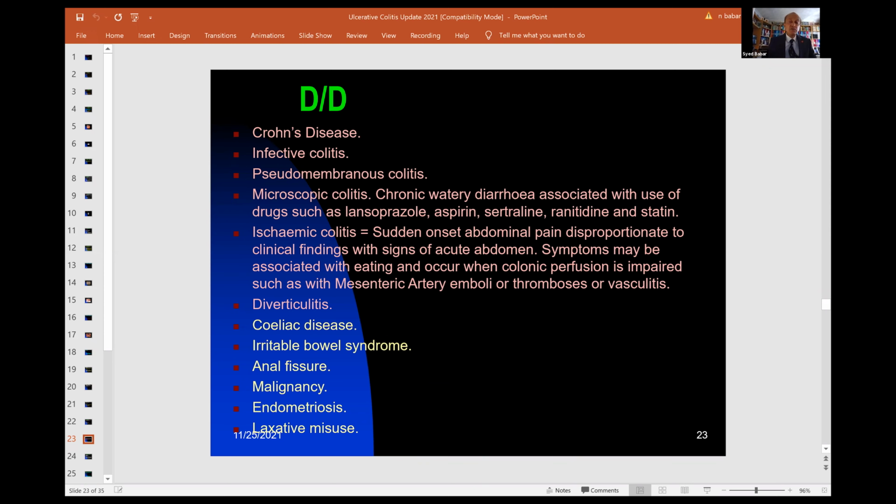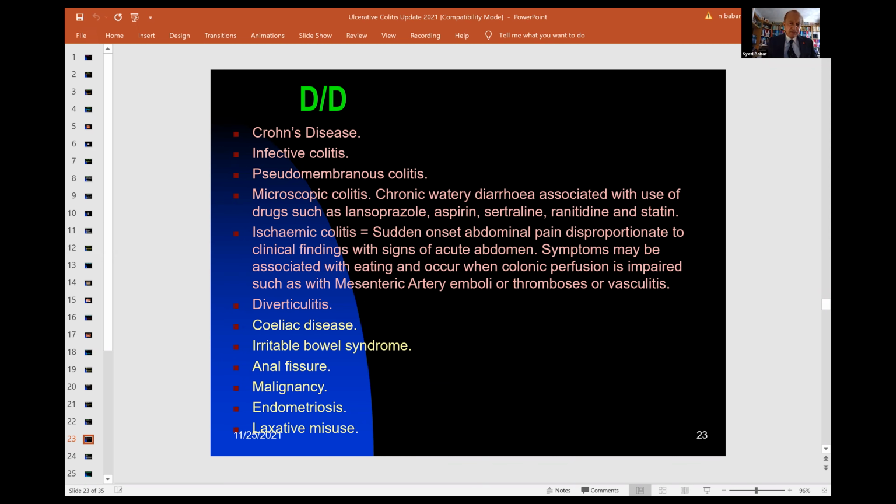Ischemic colitis would usually produce sudden onset of abdominal pain, which would be disproportionate to the clinical findings of acute abdomen. And it's associated with eating or when colonic perfusion is impaired, such as with mesenteric artery emboli.